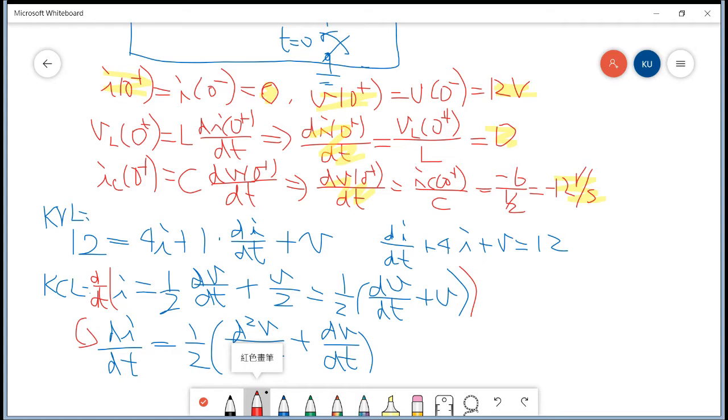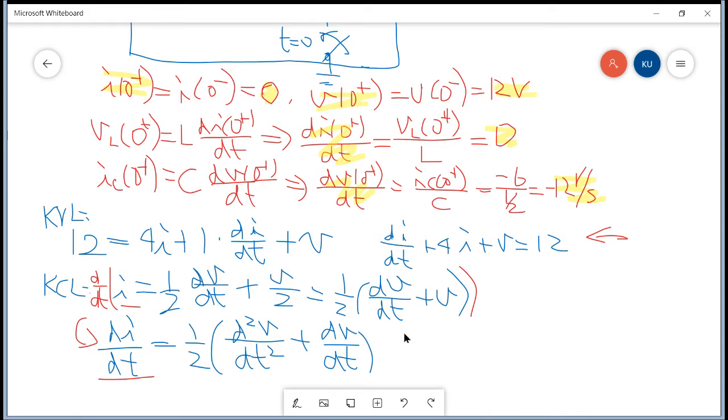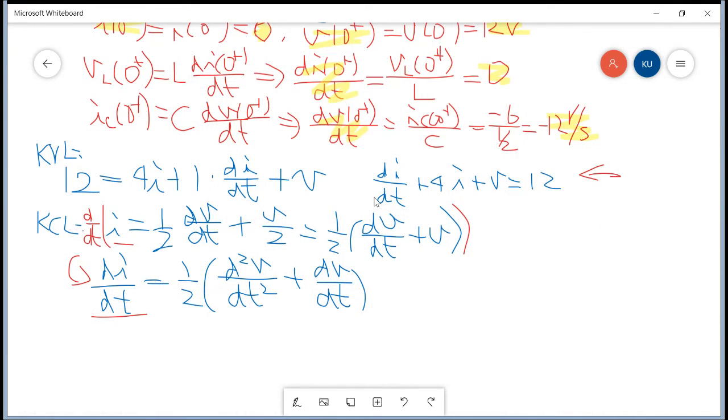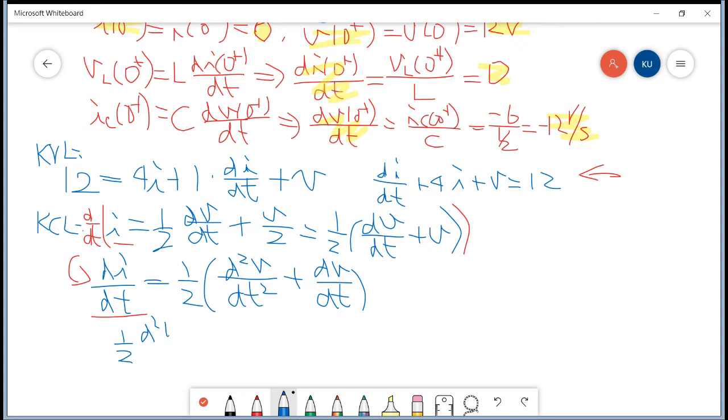And actually, we can substitute di dt and also I into here, so that we can eliminate I and di dt. So that di dt is 1/2 second derivative of v plus dv dt.